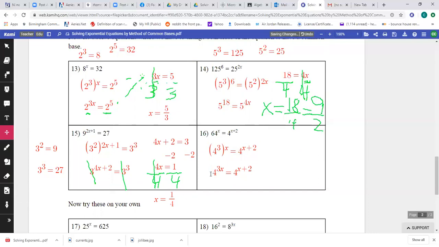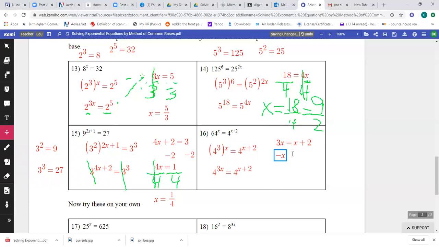So once again, now that you have the bases the same, like we were talking about, you do not need to write the 4 anymore. Once you have the bases the same, you just set the exponents equal to each other. And then so this would be 3x is equal to x plus 2. And then you just solve this like you normally would. Bring the x's to one side.